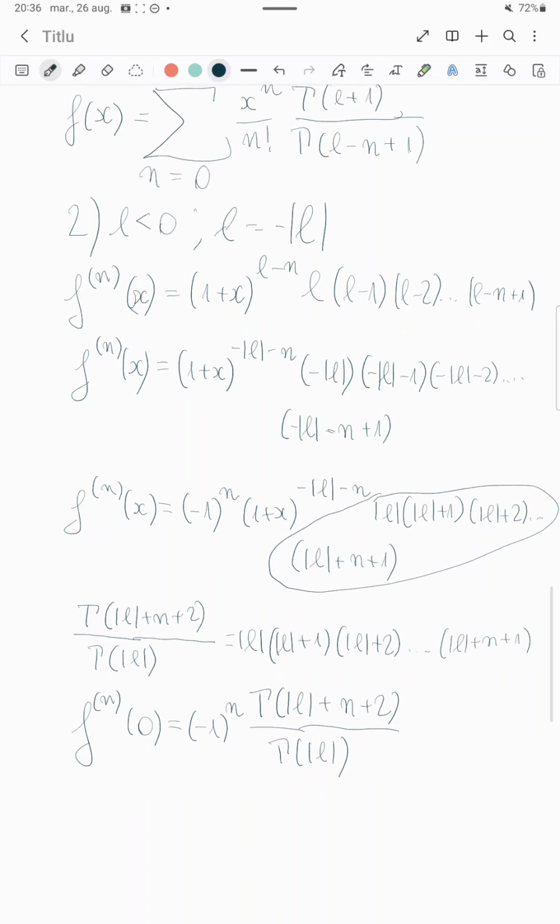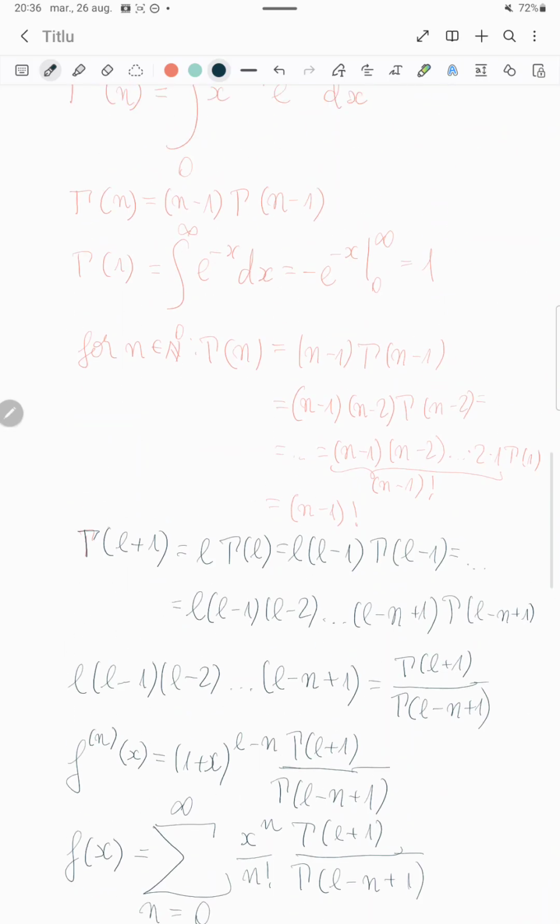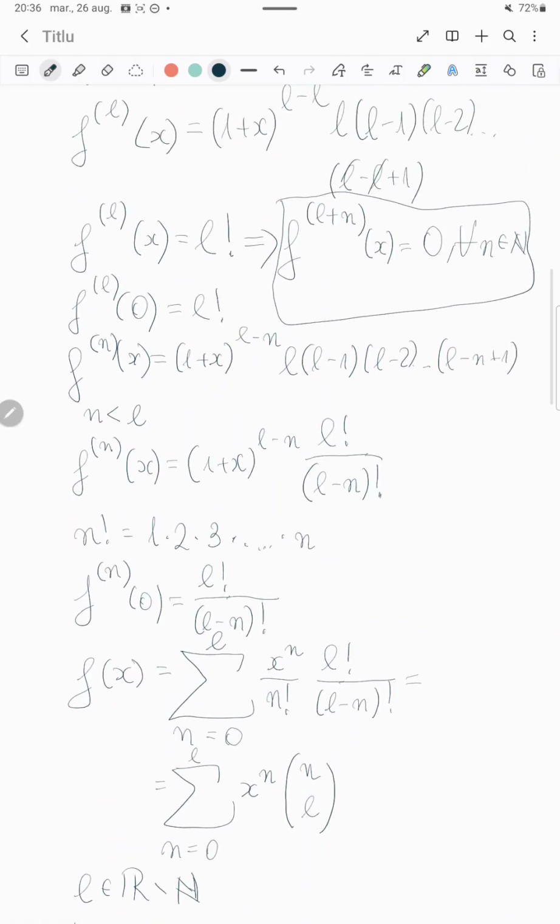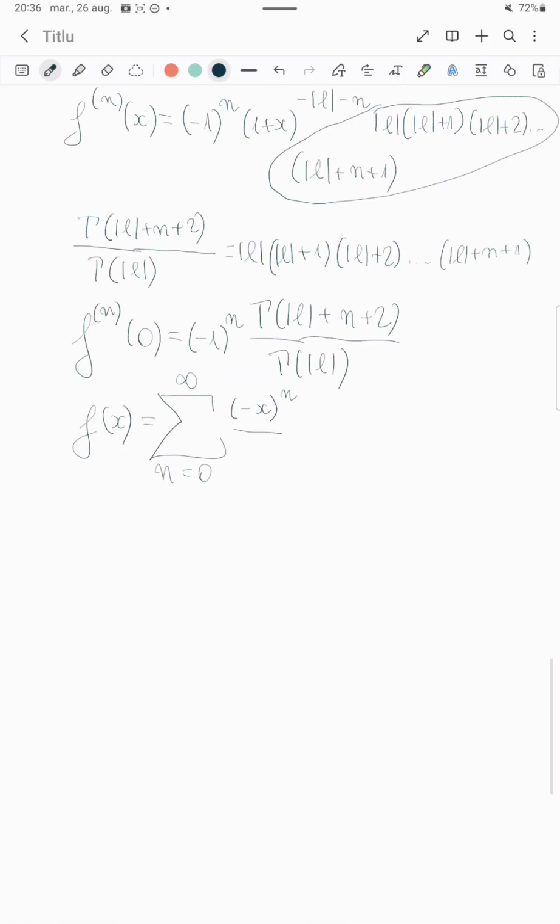Therefore, our function f of x can be written as the sum from n equals 0 to infinity of minus x to the n, because we have minus 1 to the n, and I multiplied here with x to the n, which gives me this.